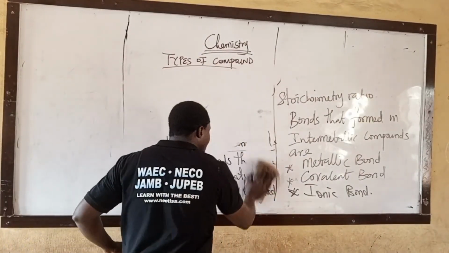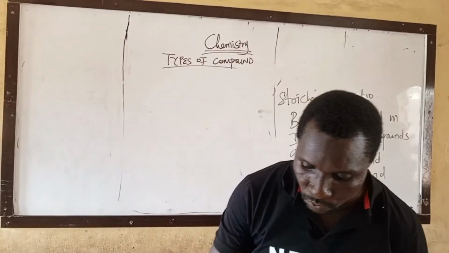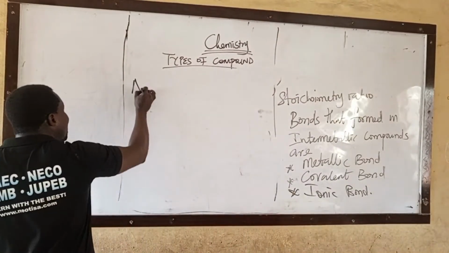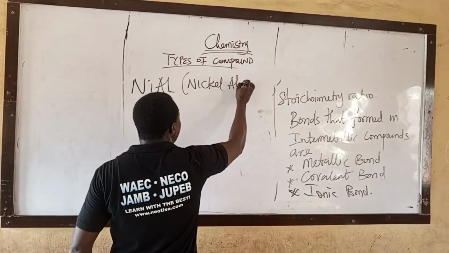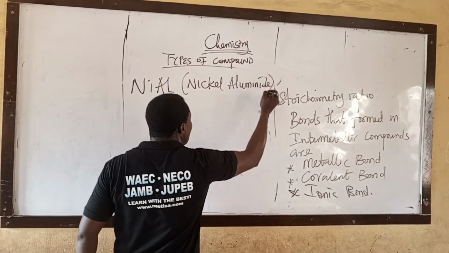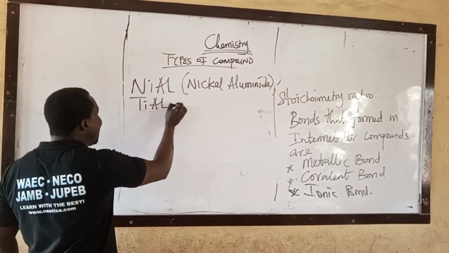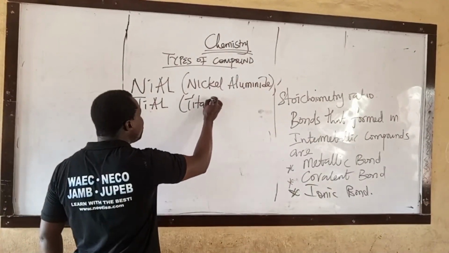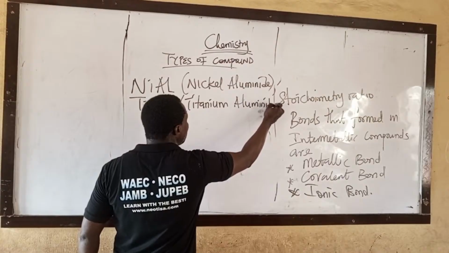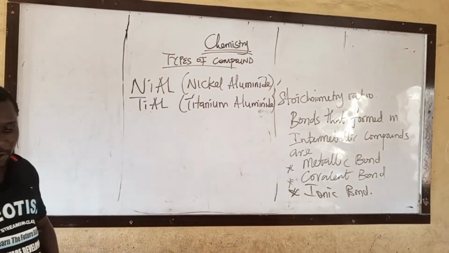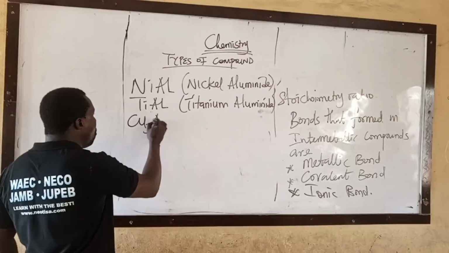Then what are examples of intermetallic compounds? We have nickel aluminide, titanium aluminide, copper gold.